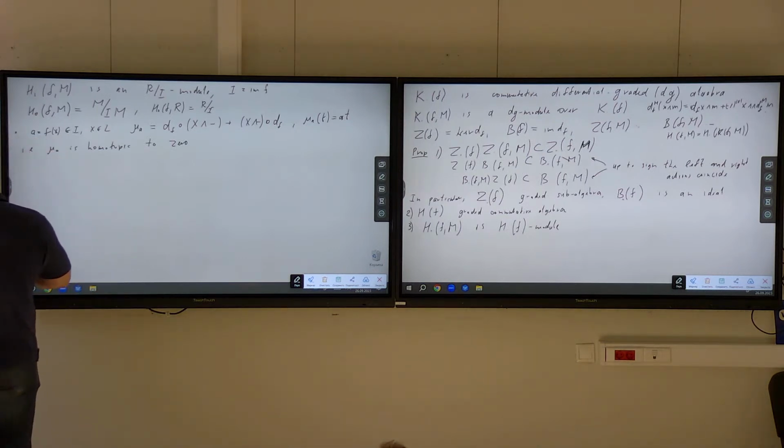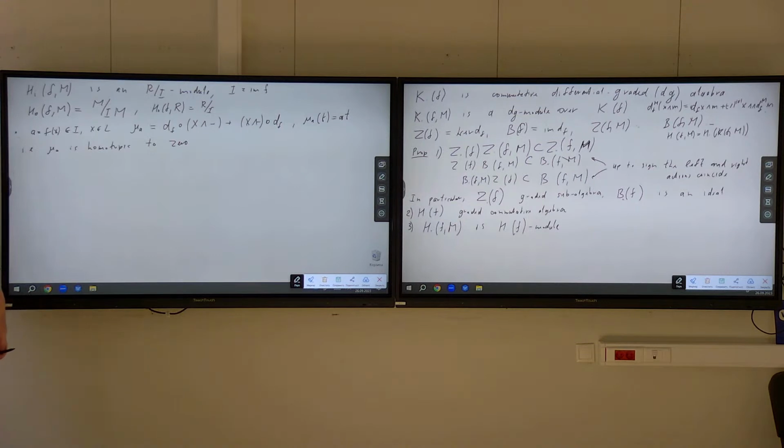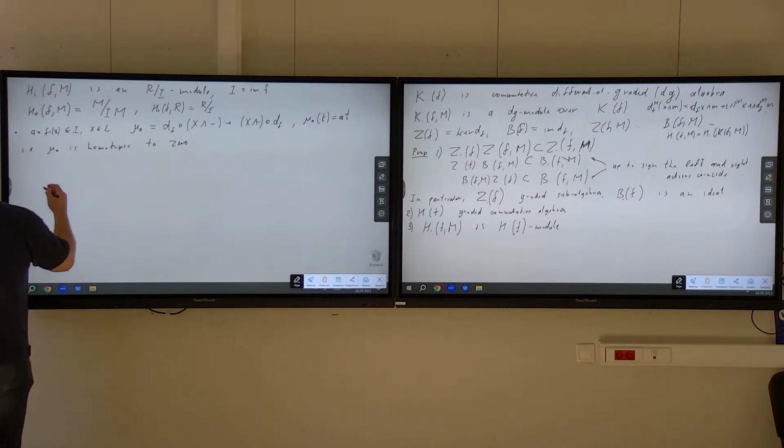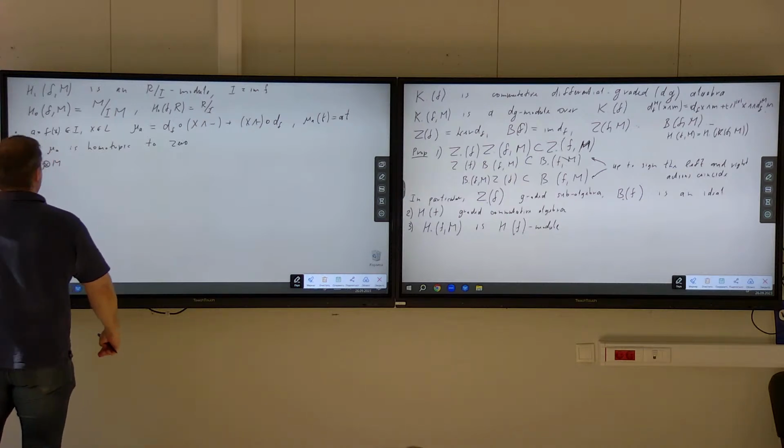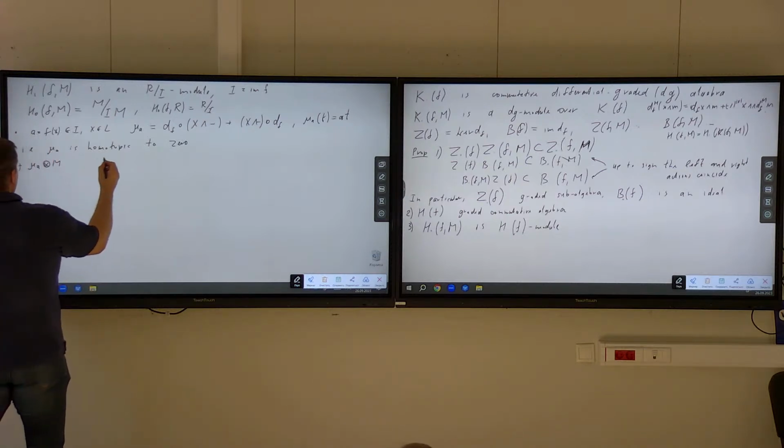Okay, so multiplication by any element from the ideal is homotopic to zero. And of course, you can look at the other two maps. So you can take this multiplication by A, take a tensor product with M, and this is still homotopic to zero. So let me write the two maps together.